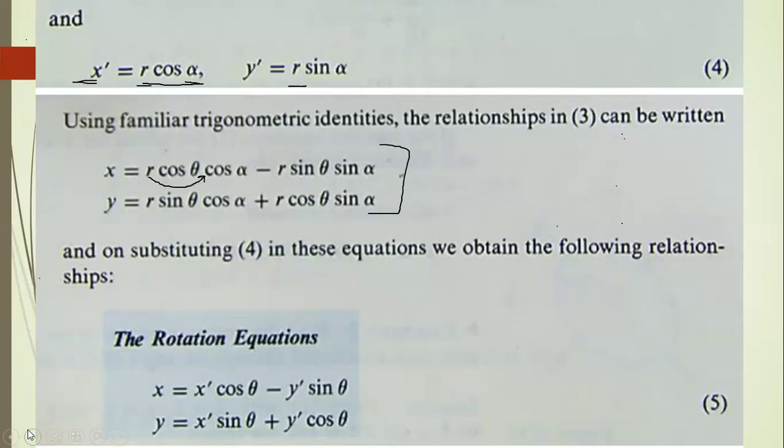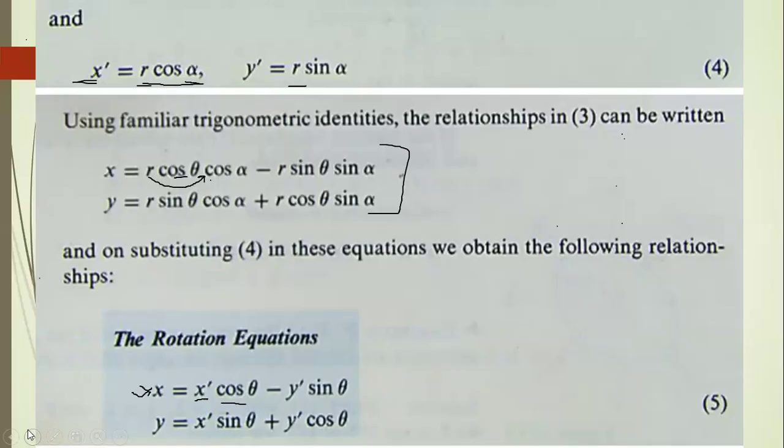So for this first rotation equation, we're basically substituting the r cos alpha with x prime. And we have our cos theta here. We're bringing back the cos theta.